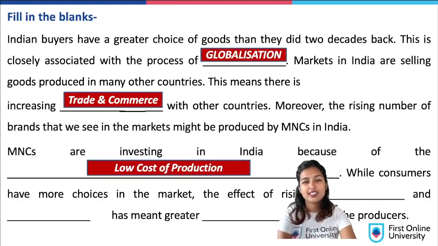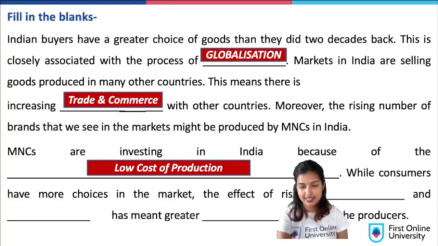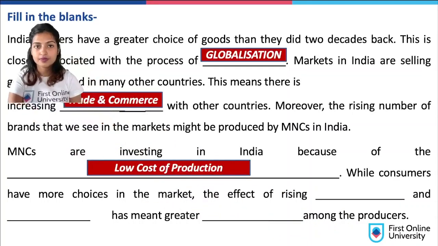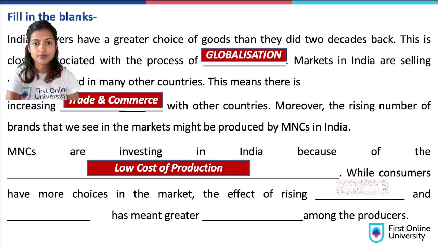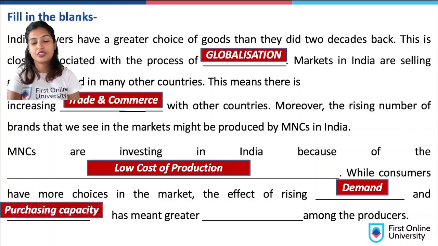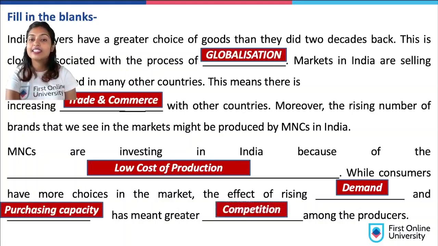Moreover, the rising number of brands that we see in the markets might be produced by MNCs in India. MNCs are investing in India because of the low cost of production that is there in India. While consumers have more choices in the market, the effect of rising demand and purchasing capacity, that is affordability, has meant greater competition among different producers of the world.